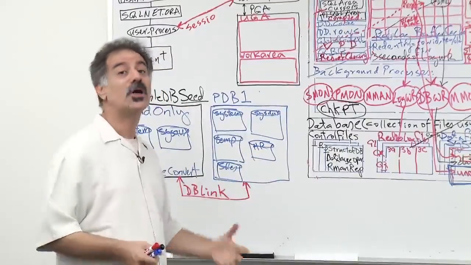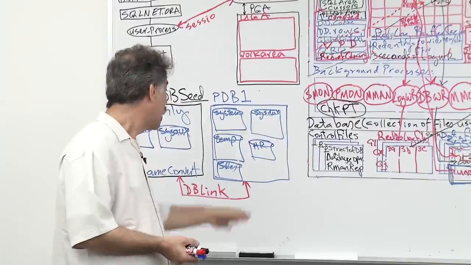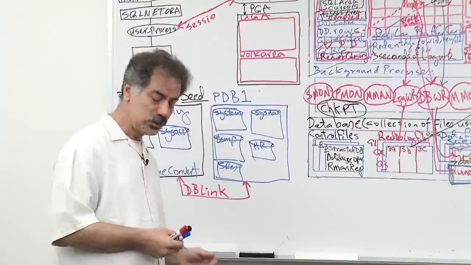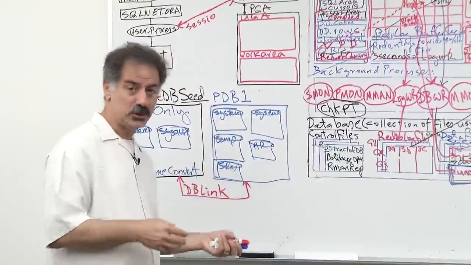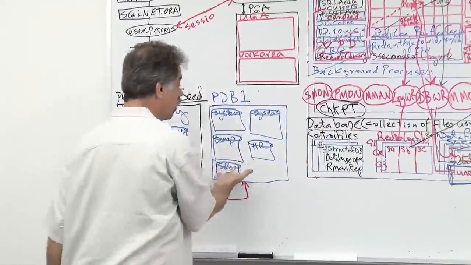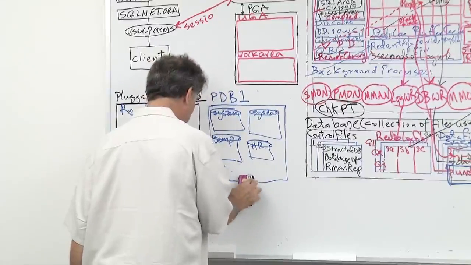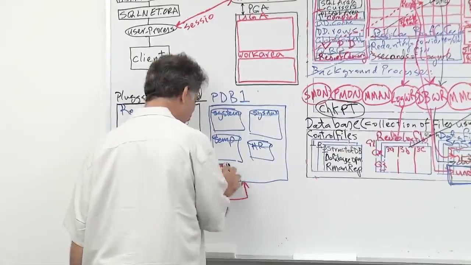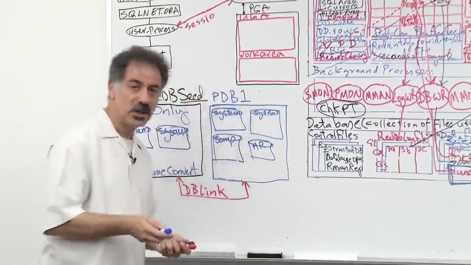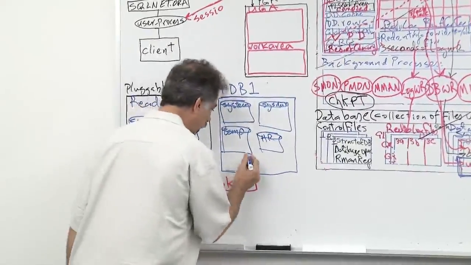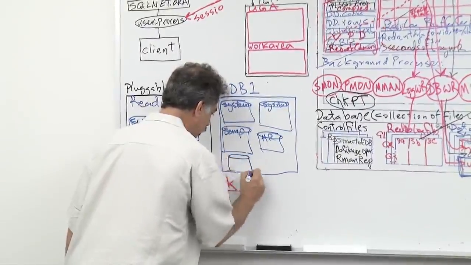If the schemas are different, for example, here I have HR and sales, but let's say sales is not a schema that would relate to my HR that much. However, I may have another application that is called, I don't know, employee benefit.